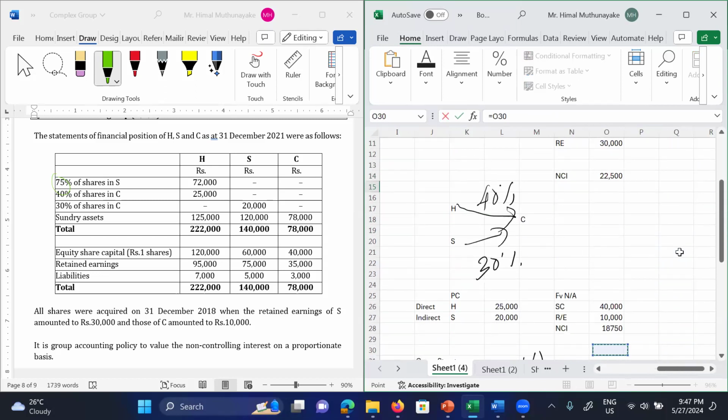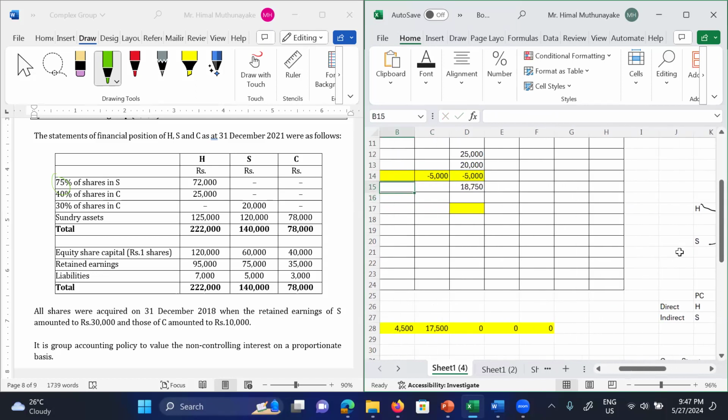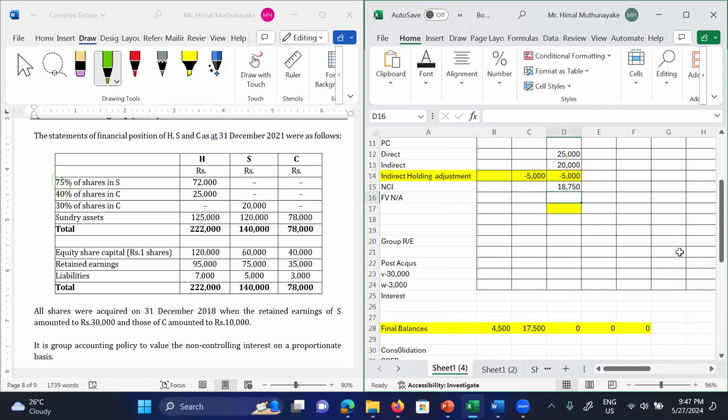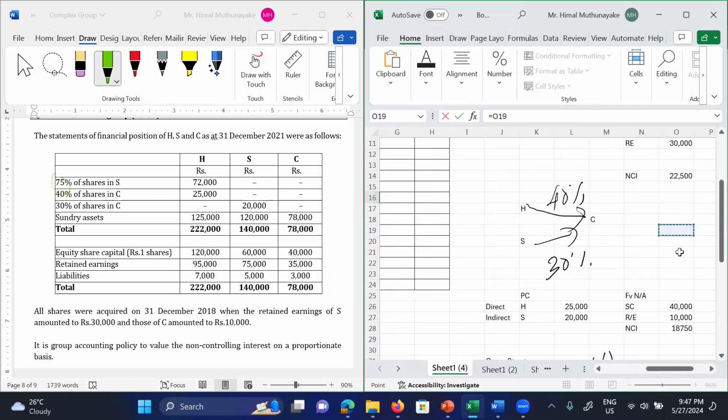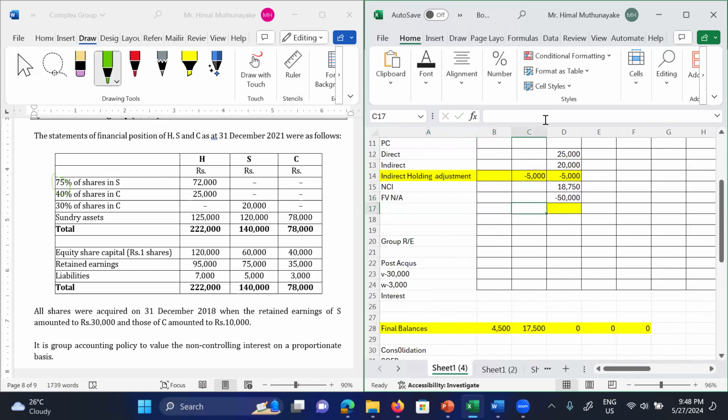It is 18,750, and the fair value of net asset, and this one, we need to get the minus balance, is 50,000, right?